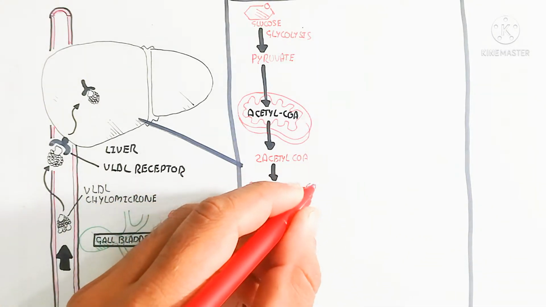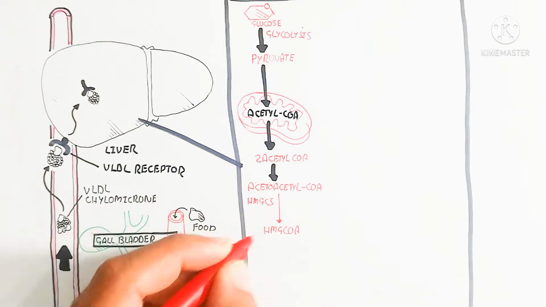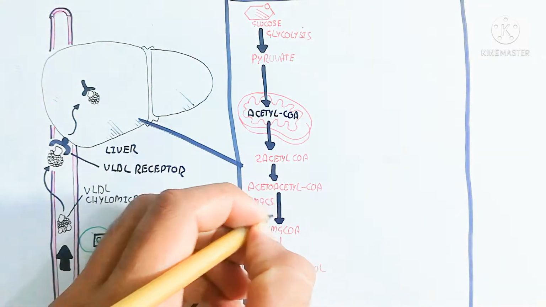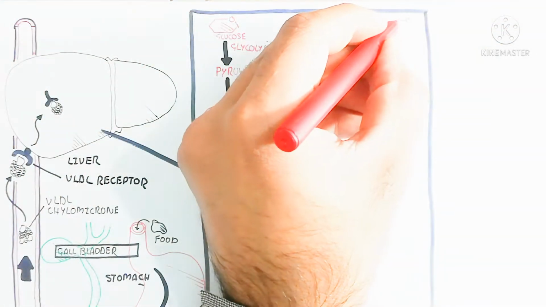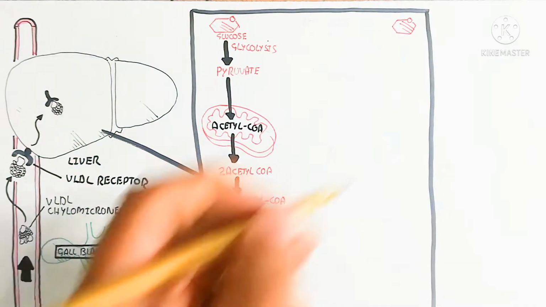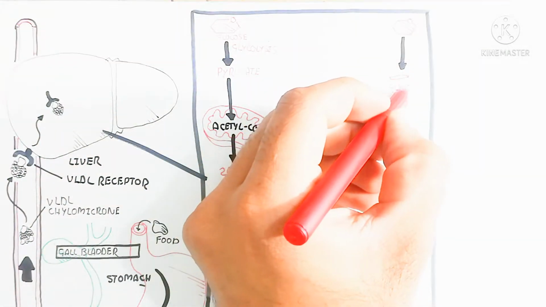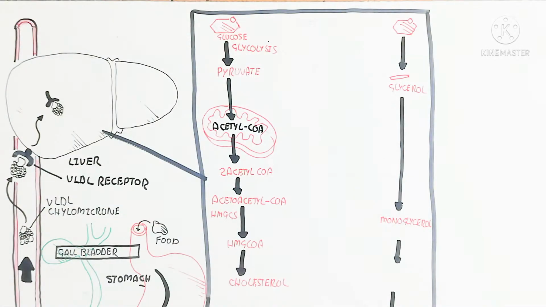These 2-acetyl CoA combine together to form acetoacetyl CoA, and one CoA is released. So the hydroxymethyl glutarate HMG CS is converted into HMG CoA, and the cholesterol will be formed.